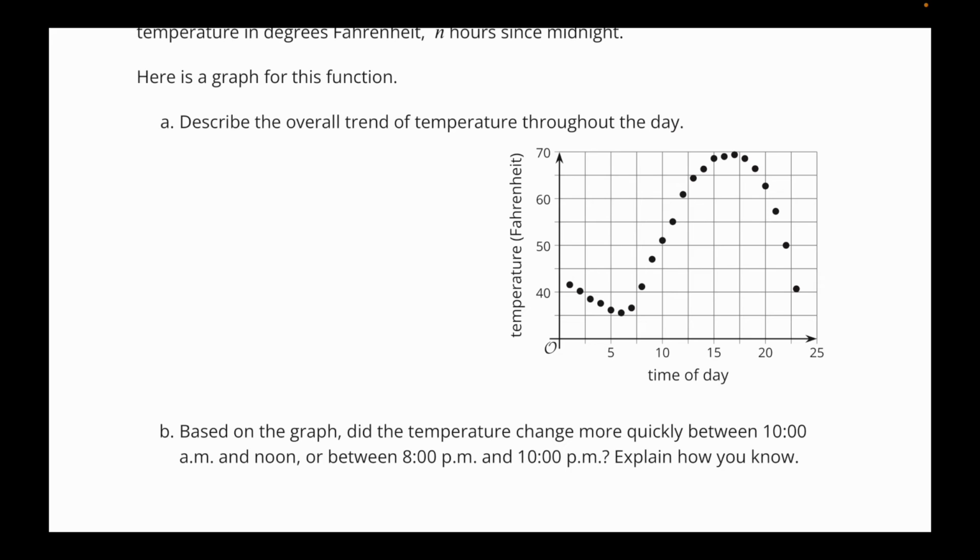So we can say the temperature decreased between midnight and sunrise.